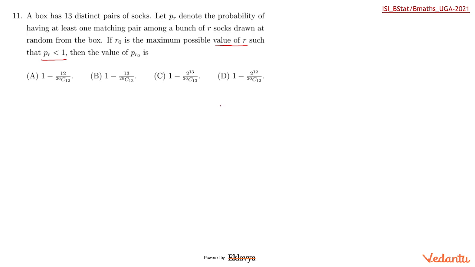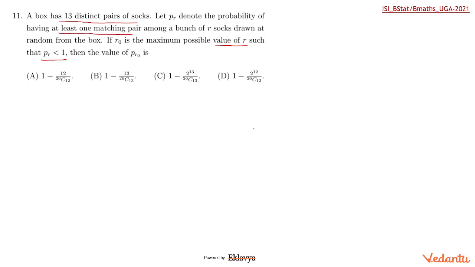So for what minimum value of R can we ensure that the probability would be 1? At what R minimum, you tell me, just think over it, will the probability be 1 for the first time? There are 13 distinct pairs of socks. So how many socks should be drawn which will ensure that we will get at least one matching pair?